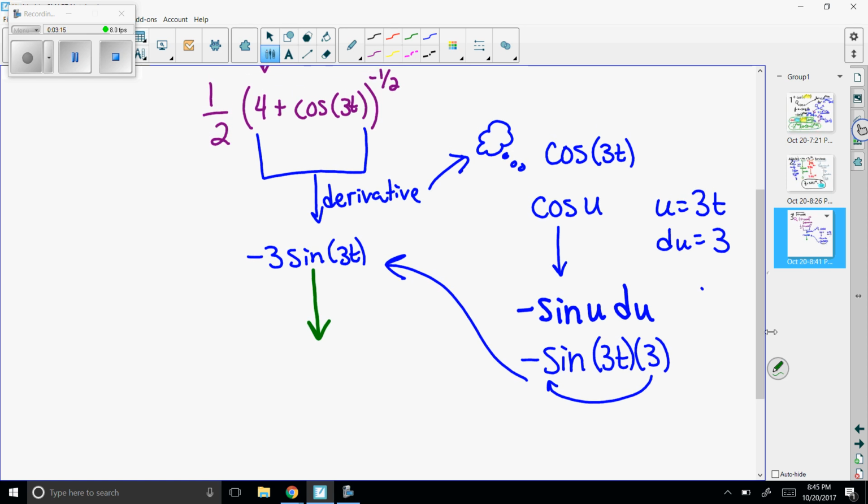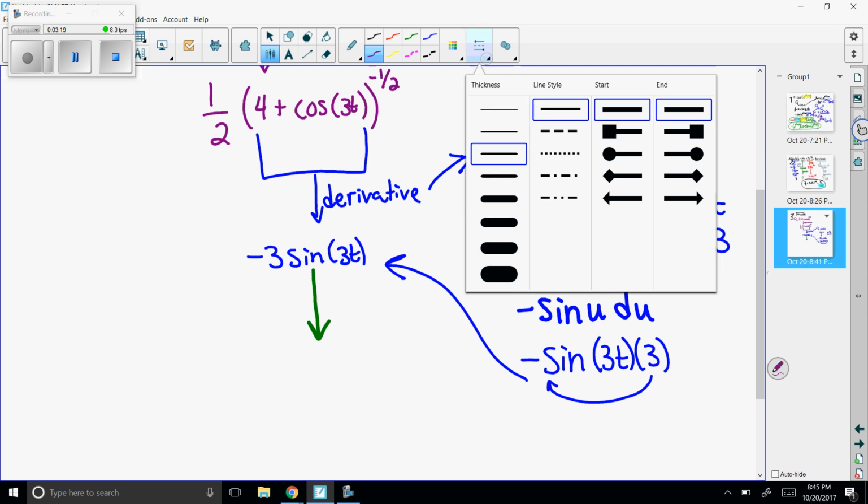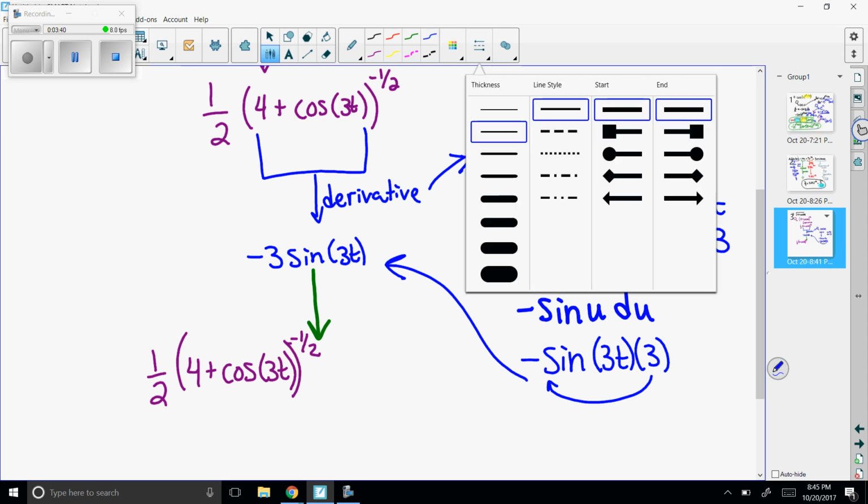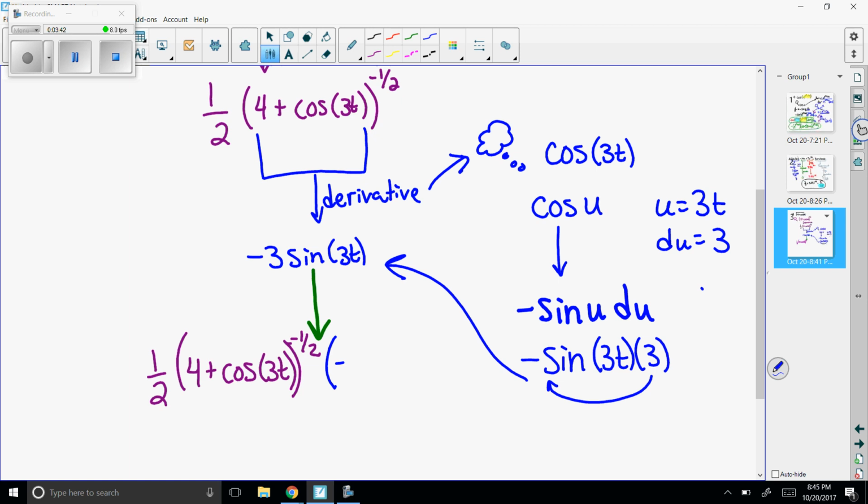It's going to still be that purple part, which is 1/2 times 4 plus the cosine of 3t, and we're going to raise that to the -1/2 power, times the derivative of what's inside, and the derivative of what's inside those parentheses is -3 sine of 3t.